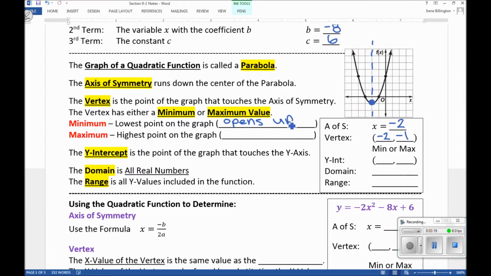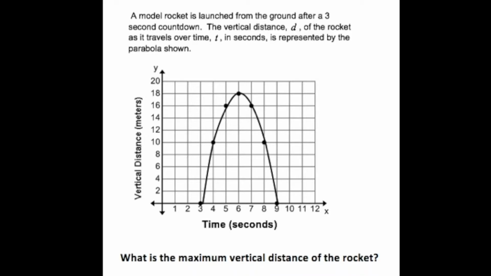That is opening upwards. So this parabola has a minimum value. If our parabola had a maximum value, if the vertex was a maximum value, that would mean it was the highest point on the graph, and our graph would be opening down.